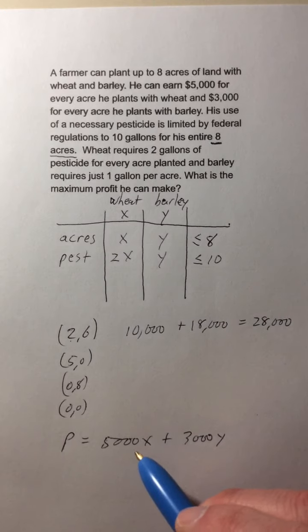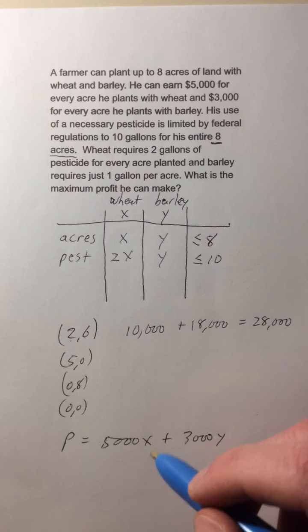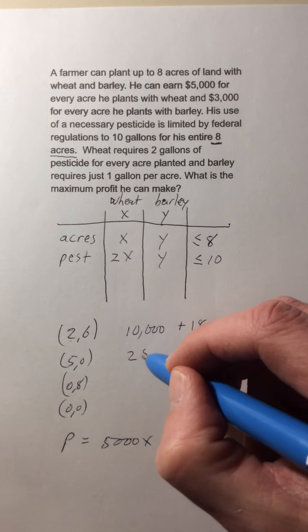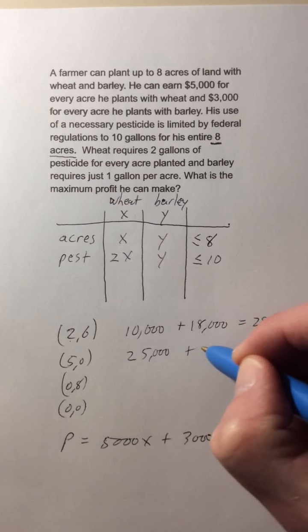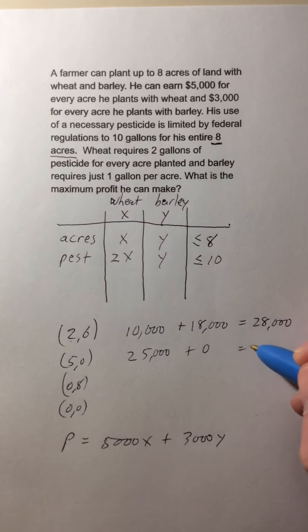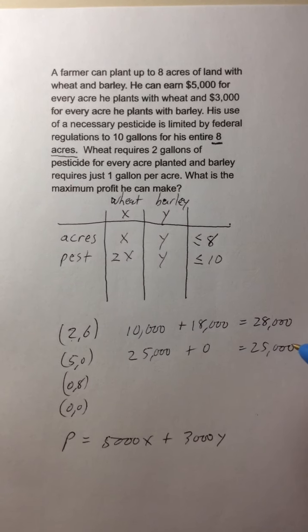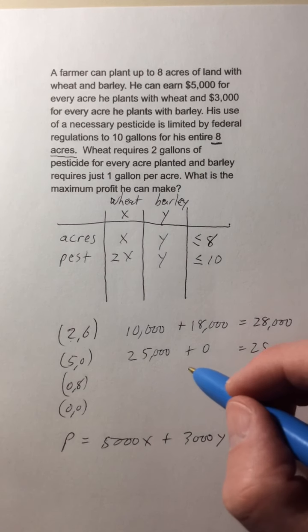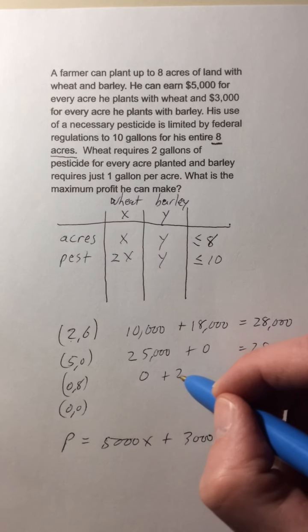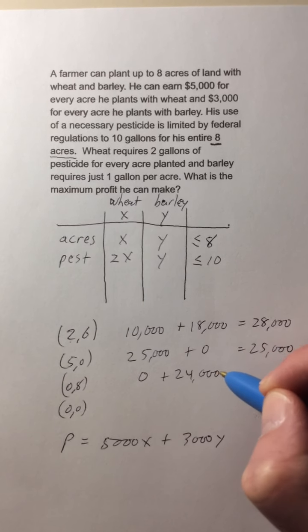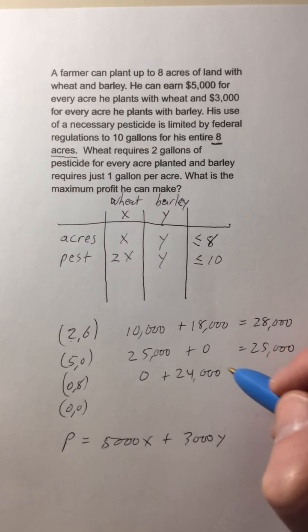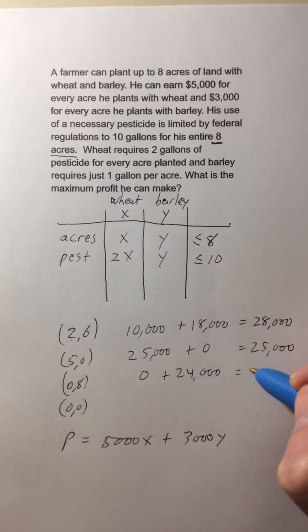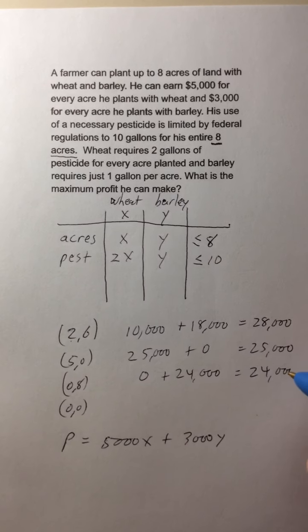5 and 0, so 5 times 5,000 is 25,000, plus nothing is 25,000. And 0, 8. So 3,000 times 8 is going to be 24,000.